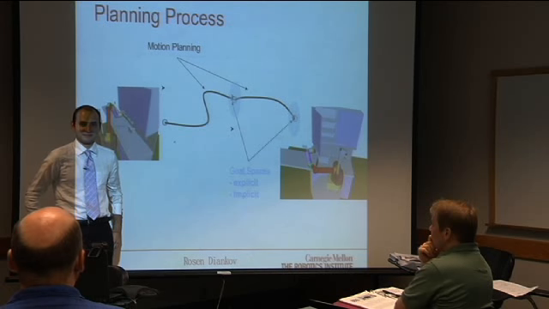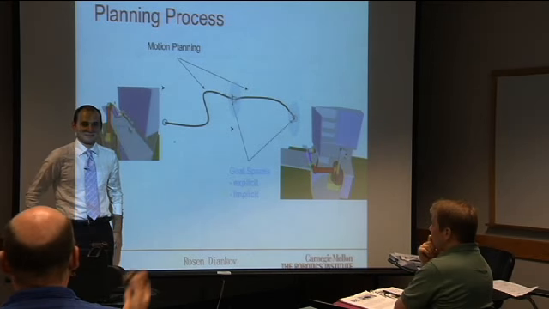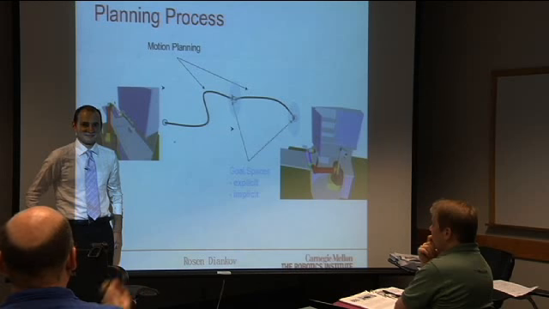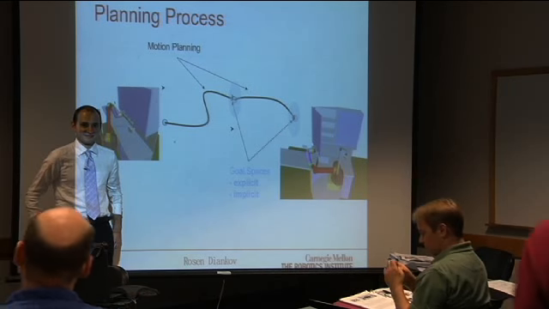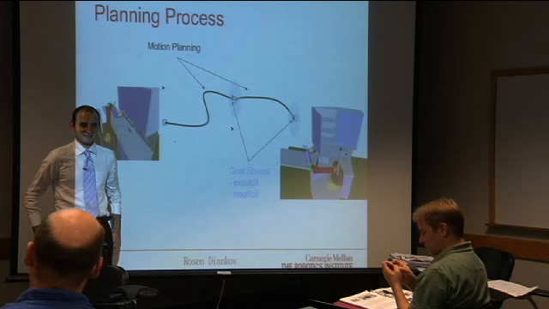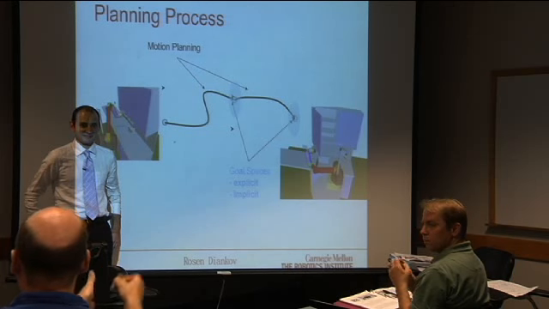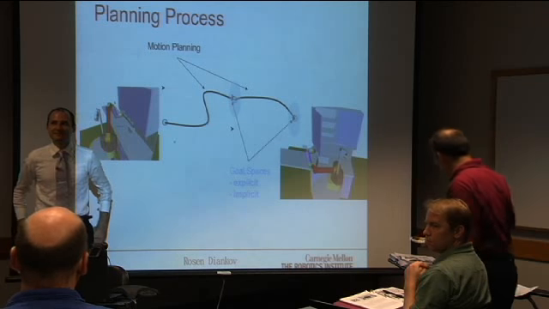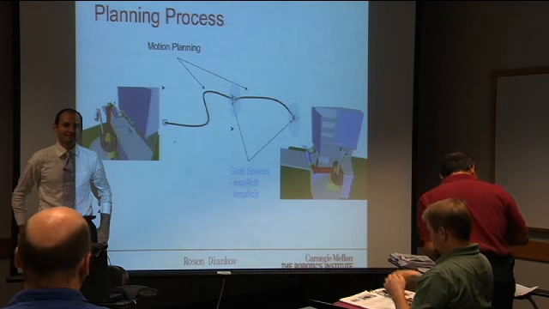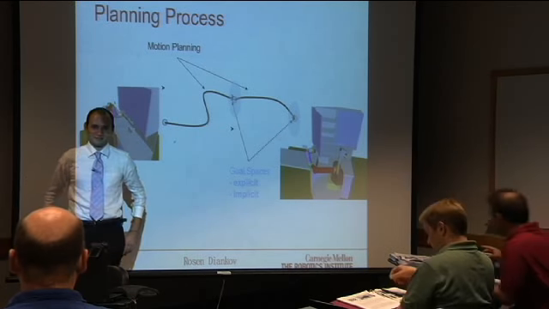My first thought when I saw this, just at a high-level concept, was like, yeah, well, no kidding. First, you have a behavior that drives up to the thing. Then you have a behavior that grasps it. You don't have a behavior that does all the things at once.